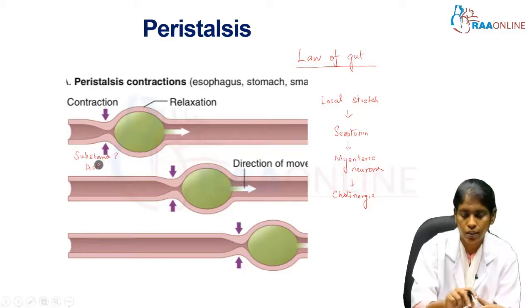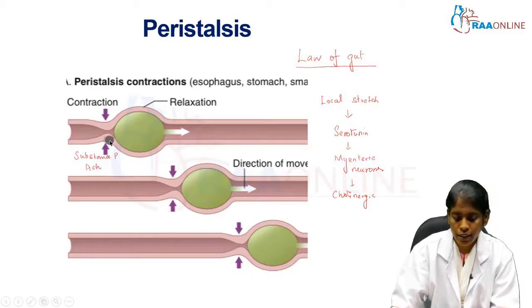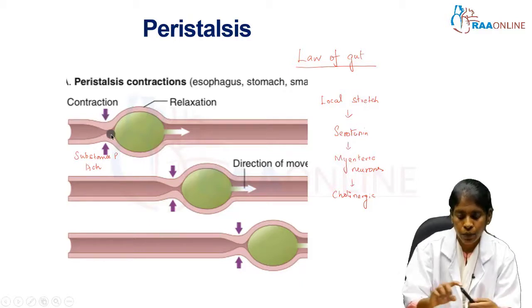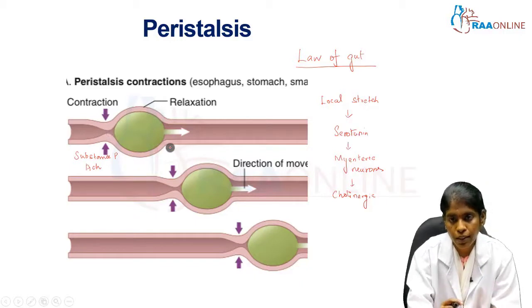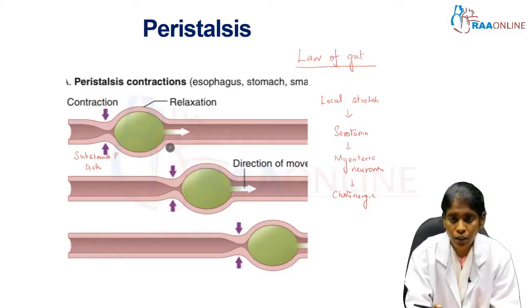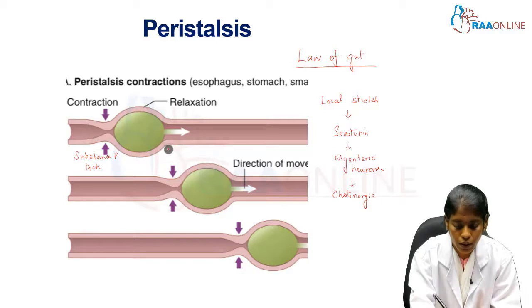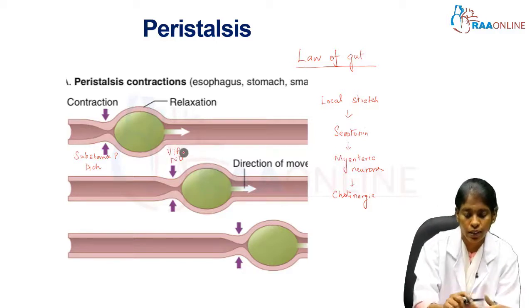You'll be knowing about acetylcholine, right? This substance P and acetylcholine will bring about constriction of the circular muscle behind the bolus, or in the downstream segment. Whereas the neurons present in the gut wall in front of the bolus will secrete the neurotransmitters VIP and nitric oxide.